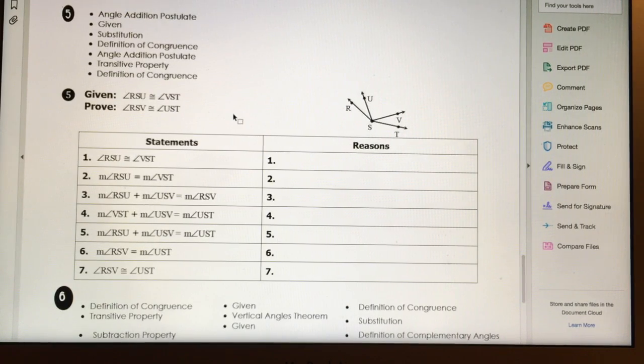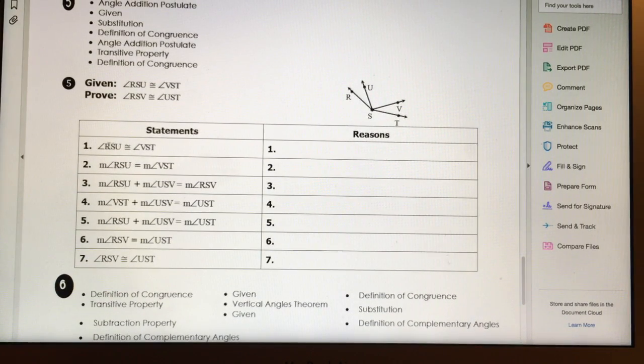Okay. So next. Once we establish that they are congruent to each other, what allows us to say that they're equal to each other? Which of these up here allows you to jump from congruent to equals? Those of you that are saying definition of congruence are correct. Definition of congruence allows us to go from congruent to equals or equals to congruent, as long as you're talking about these same angles or segments.